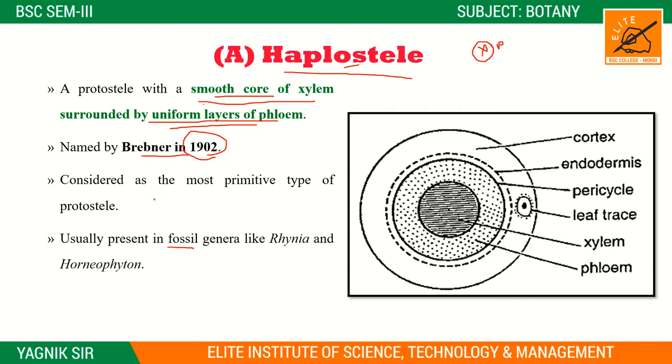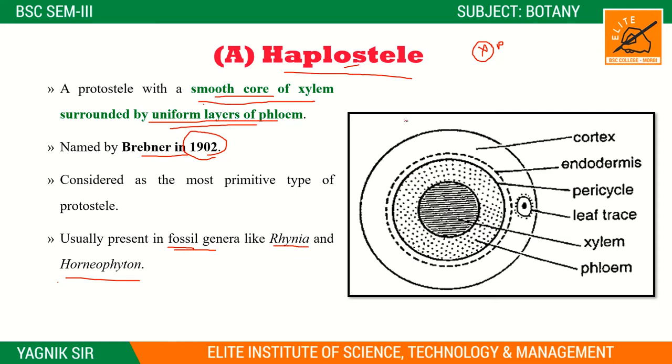Fossils, that means these species are not present at this time, right? That means the fossil plants. So haplostele is present in fossil plants and some genera like Rhynia and Horneophyton. In these two genera this type of stele is present.